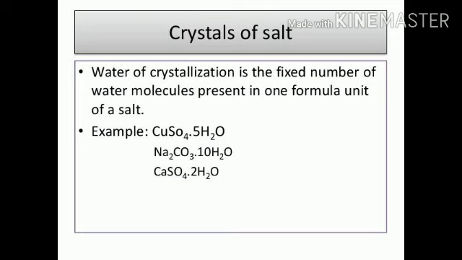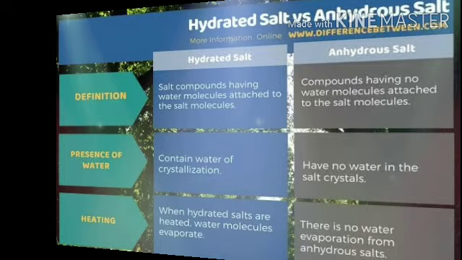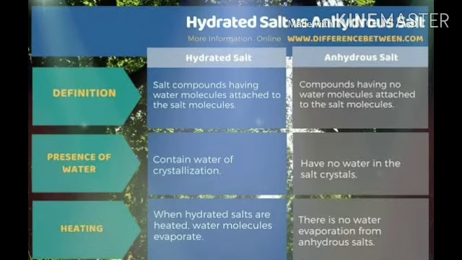So based on the presence and absence of water, we can classify the salts into hydrated salts and anhydrous salts. So let us study about them. As the name goes, the hydrated salts are in combination with water molecules, but in case of anhydrous salts, the water molecules are absent.